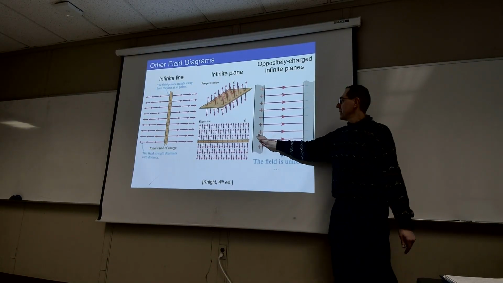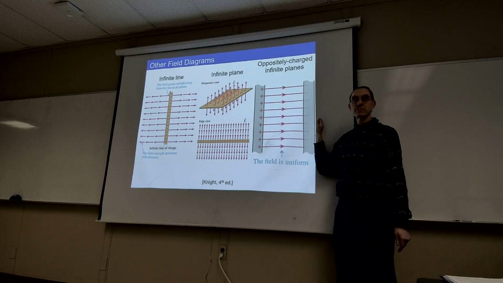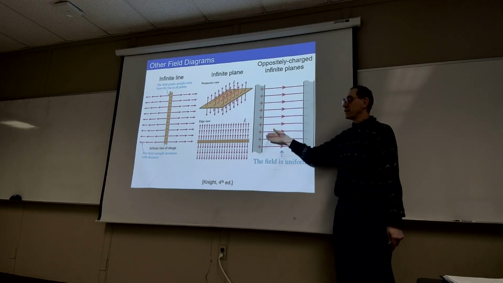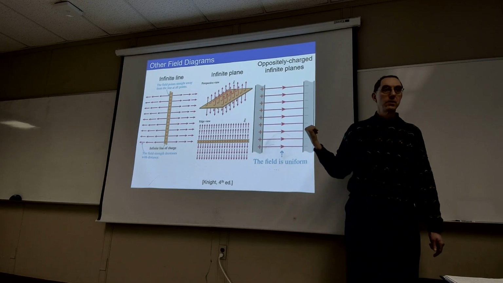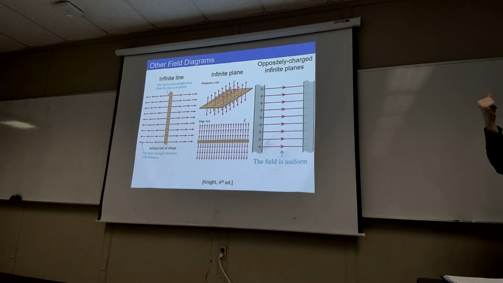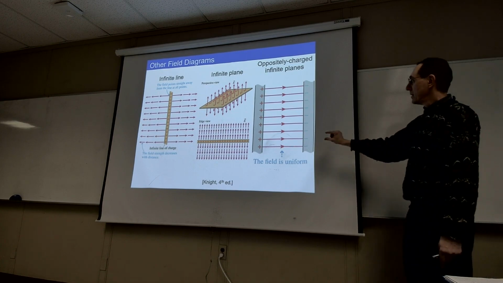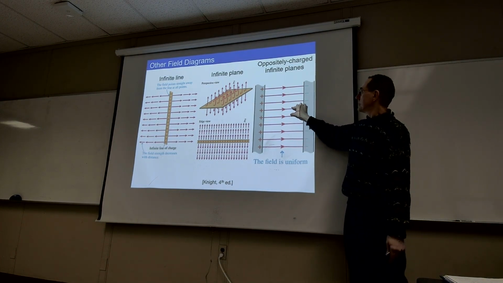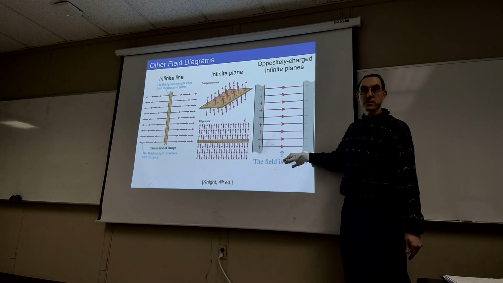If I take a positive plate and a negative plate, put them next to each other, I get this field. It's a field line diagram. What do you notice here? Straight lines? Okay. What else? It's the same all the way up and down, right? So you notice the spacing here is the same. It means it's a uniform field.